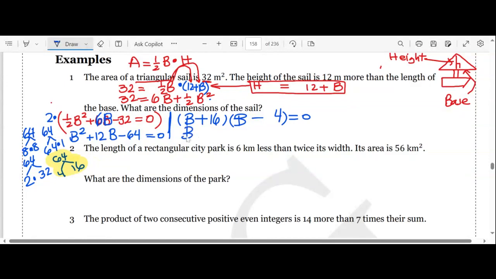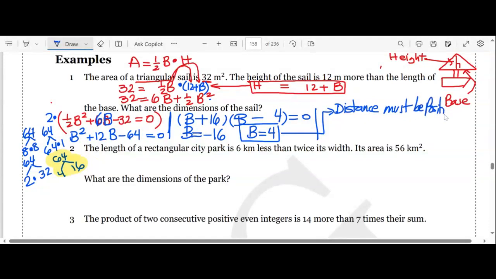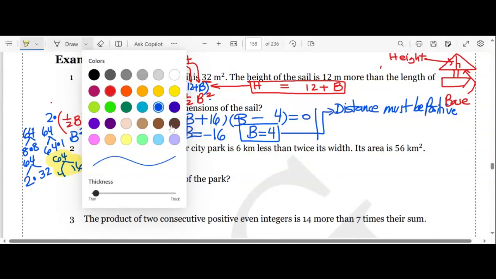And all this equals 0. So b equals negative 16, and b equals 4. Which one is the correct one and why? Because distance must be positive, correct. Can I use this one?